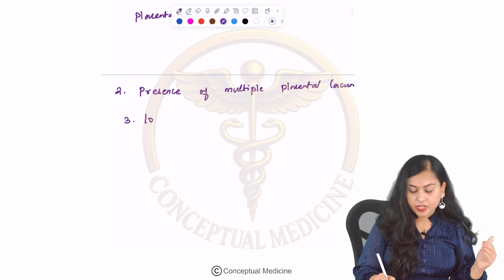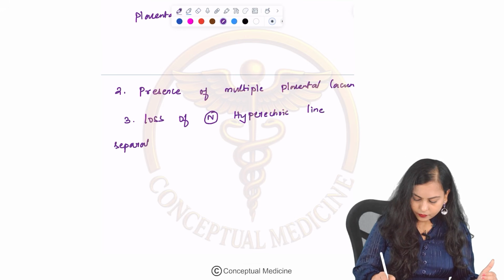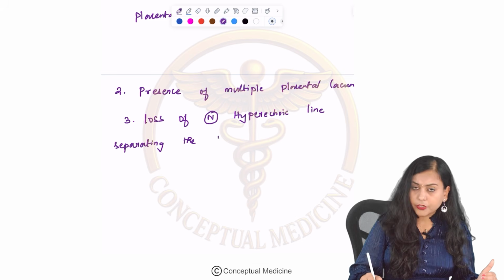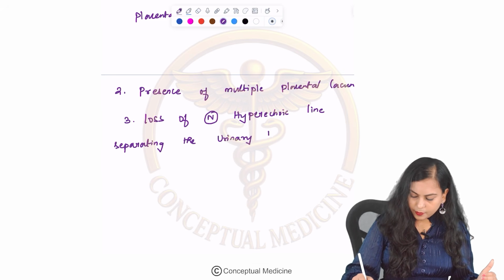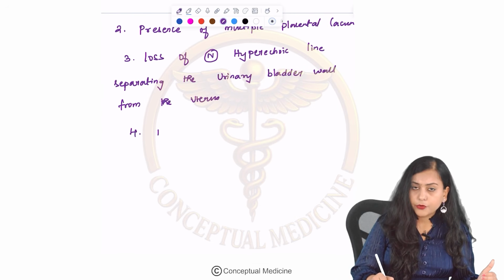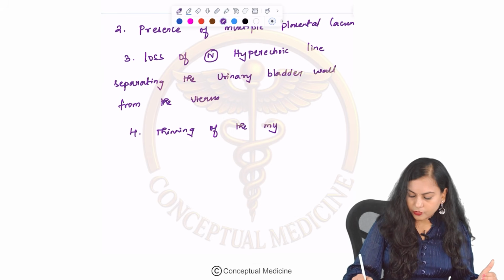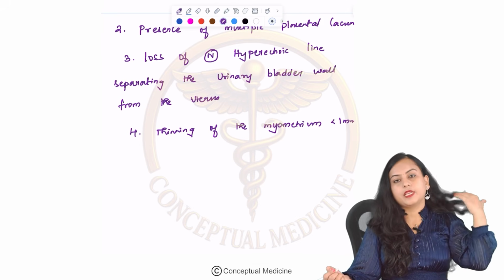Next point is there is loss of the normal hyperechoic line that is separating the urinary bladder wall from the uterus, and you will also have thinning of the myometrium. Myometrial thinning will be there, that will become less than 1 millimeter.